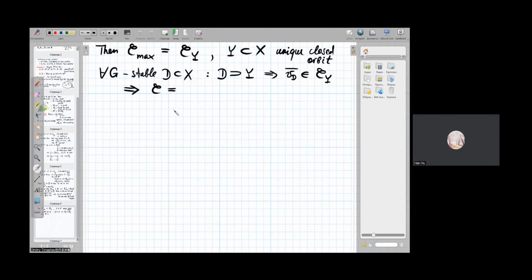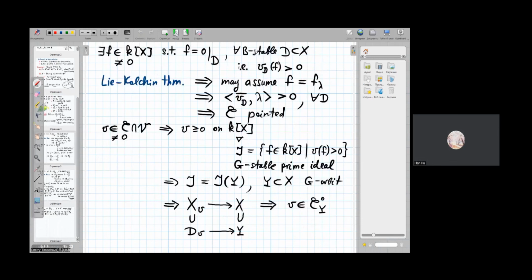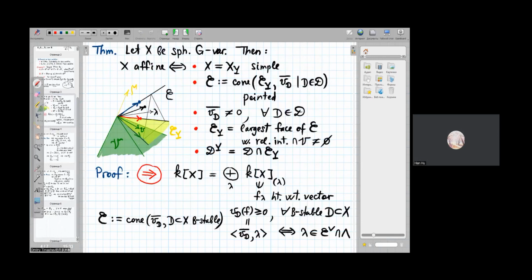So the cone C coincides with the cone spanned by all vectors in C_Y and all vectors corresponding to colors. And finally, we have got this equality. So this C, which we defined in this way, is exactly this cone.